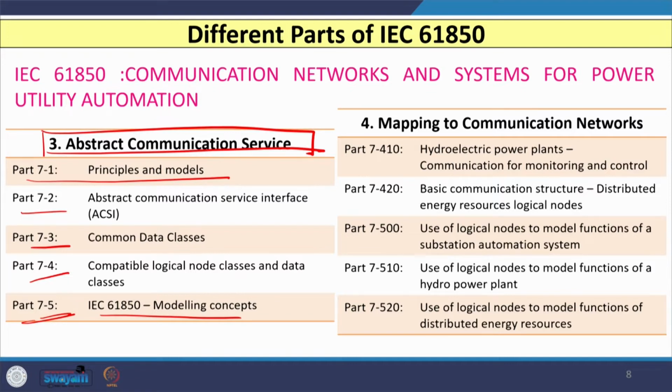After that, they have added several other parts also, in the fourth block, the mapping to communication networks. In this mapping to communication networks, they have added part 7-410, which is related to hydroelectric plants, and the communication for monitoring and control is given in this part.